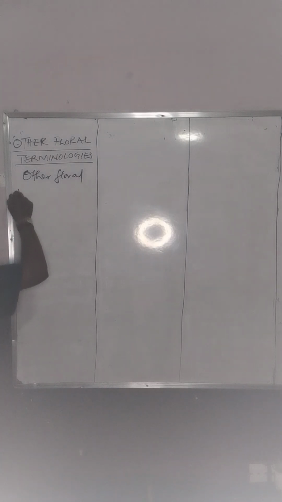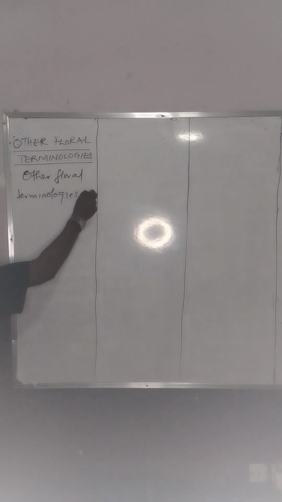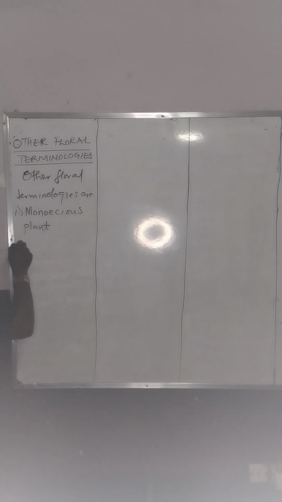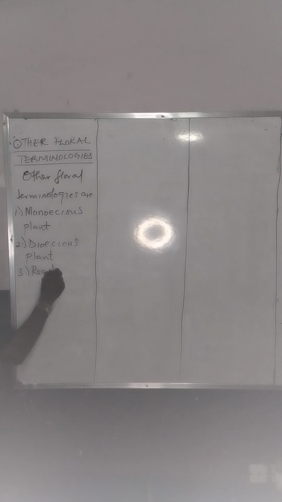So other floral terminologies are, so we are starting with: 1. Monoecious plants. 2. Dioecious plants. 3. Regular flower. 4. Irregular flower. 5.